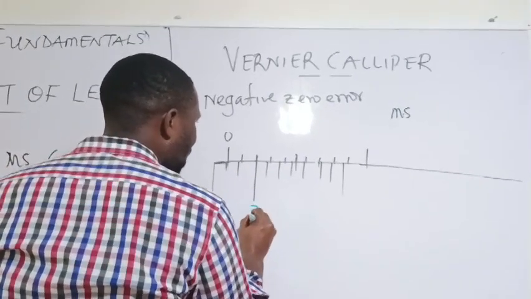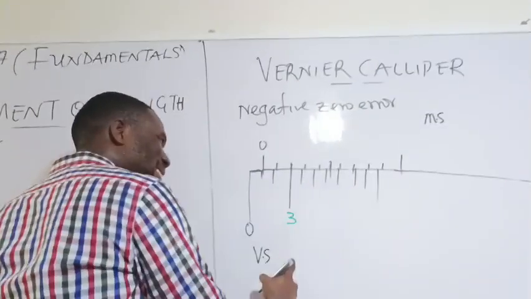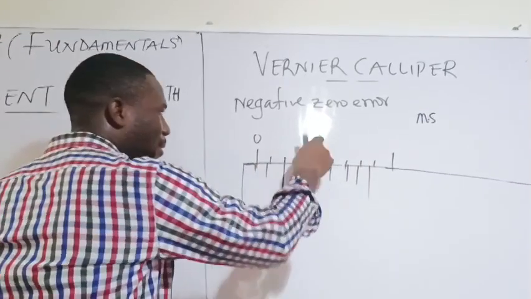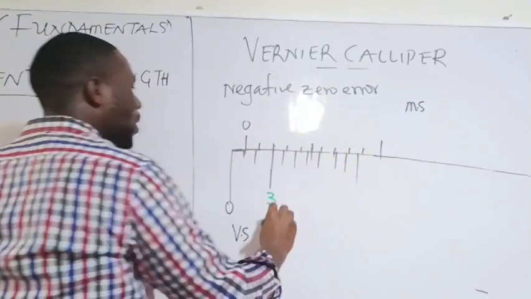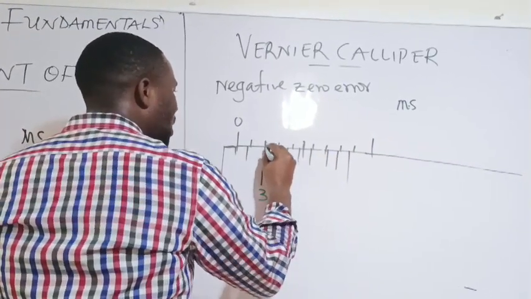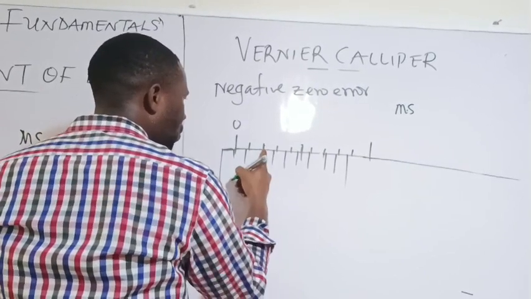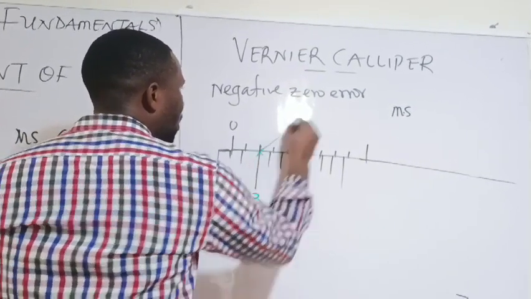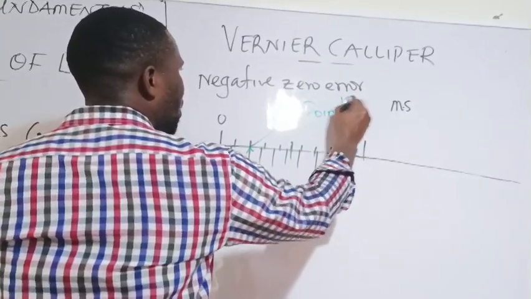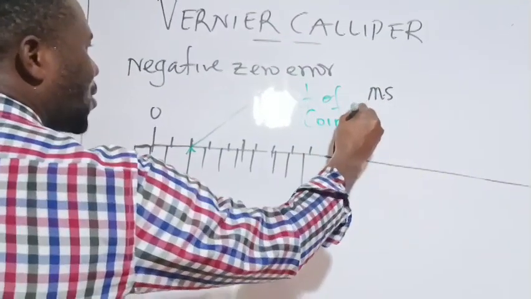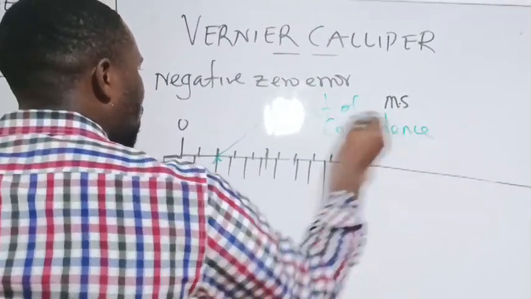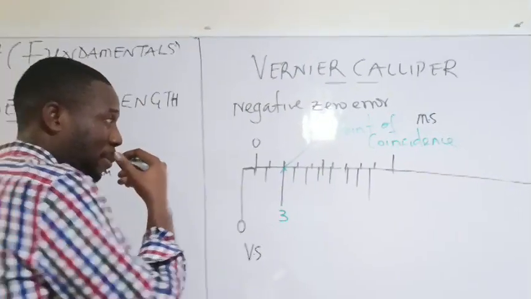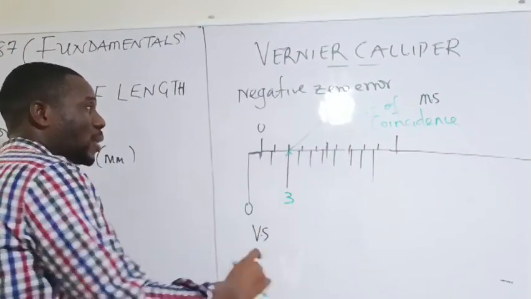So the third mark on the vernier scale aligns or coincides with the main scale division, right? So we call this point the point of coincidence. That's the point where the vernier division aligns with the main scale division.